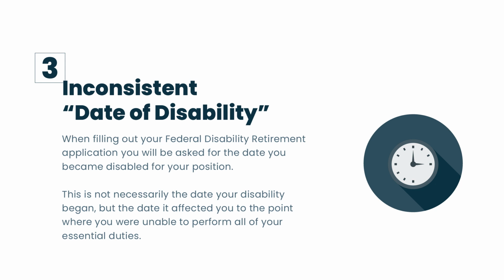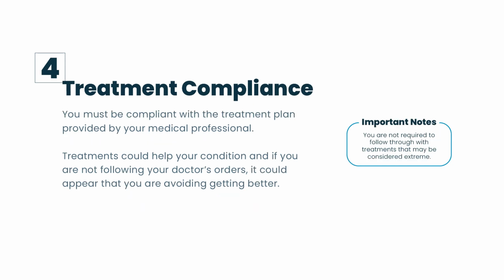The fourth mistake that people make is that they are not compliant with their recommended medical treatment. It is important that if your doctor recommends a treatment plan or to follow up with certain specialists, that you do continue to follow these recommendations and do what you can to work on treating your medical condition.